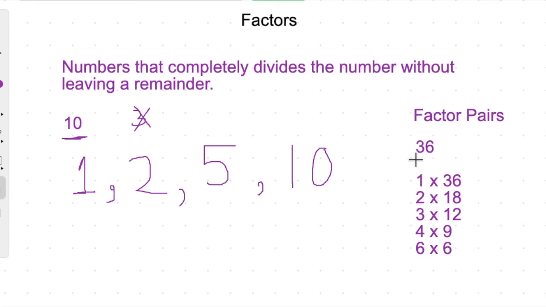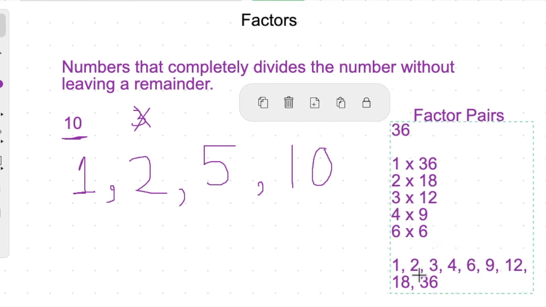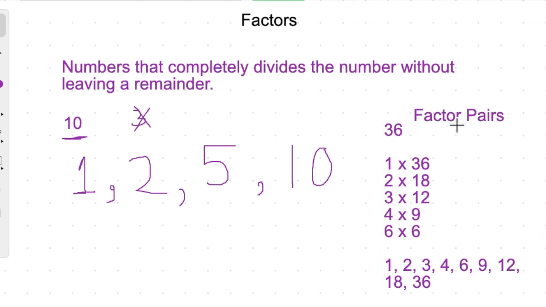So all the factors of 36 I have written here. Those are 1, 2, 3, 4, 6, 9, 12, 18 and 36. So these are all the factors of 36.